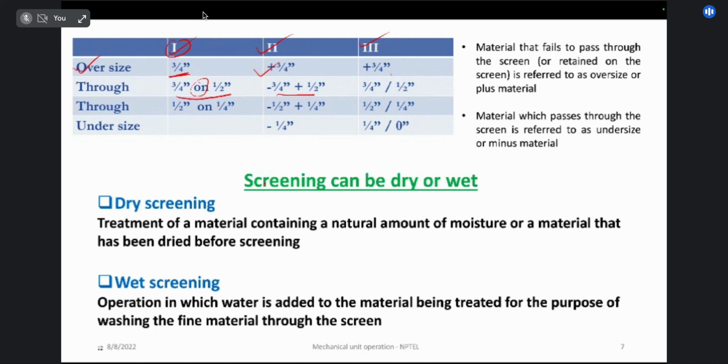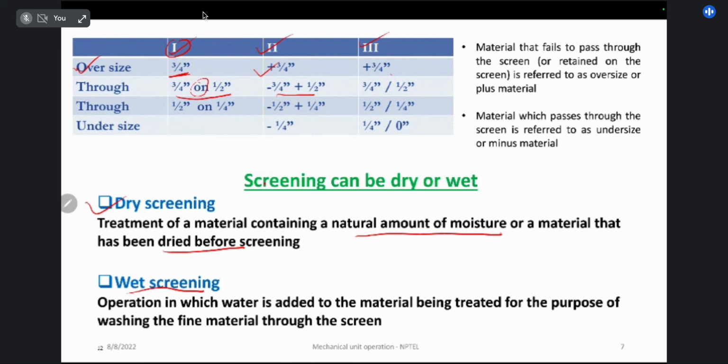Now, if you want to discuss types of screening, there are two types: dry screening and wet screening. In dry screening, as the word suggests, we screen the material with only its natural amount of moisture, and if it has more moisture, we need to dry it before screening.